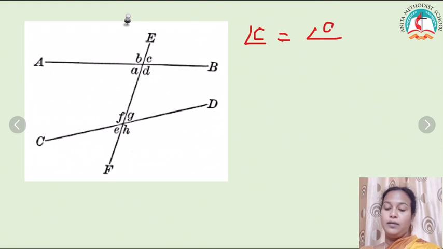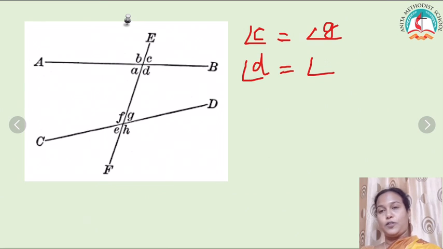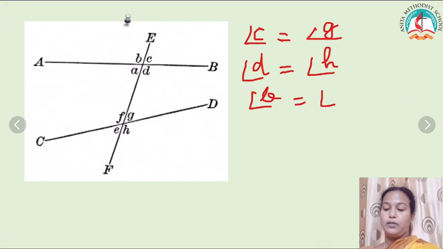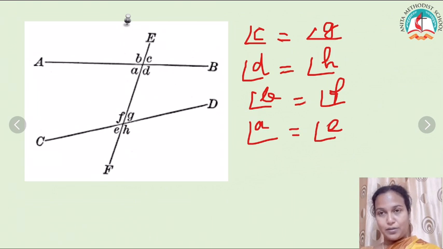In the same way, angle D is equivalent to angle H. Then angle B is equivalent to angle F. Then angle A is equivalent to angle E. They are the corresponding angles. I hope you have understood.